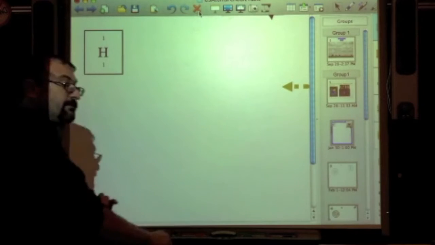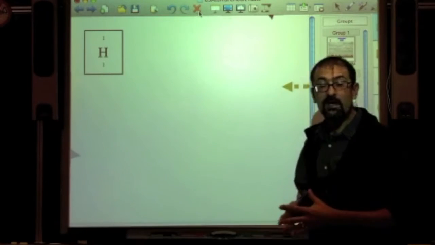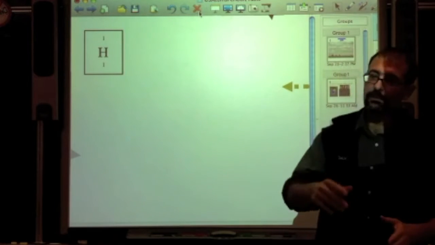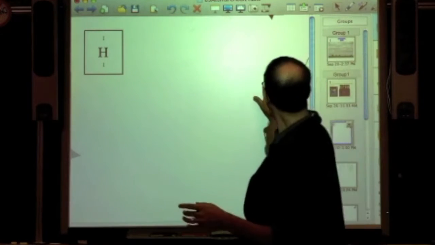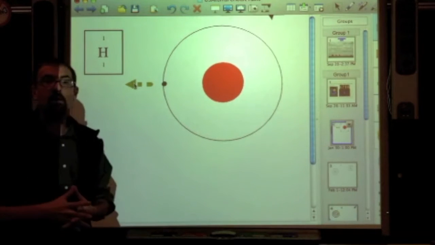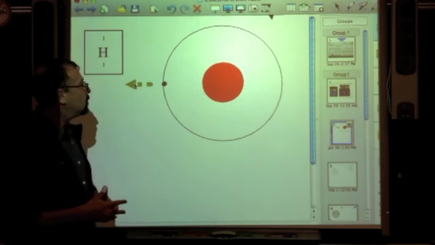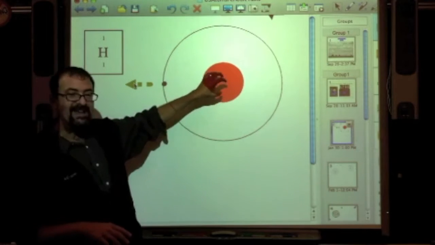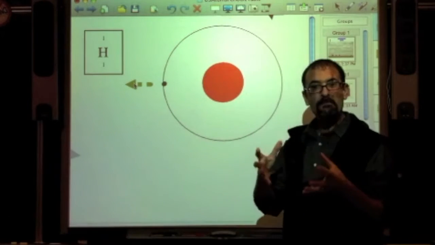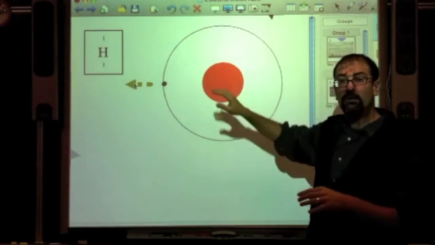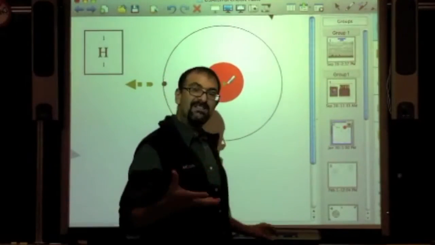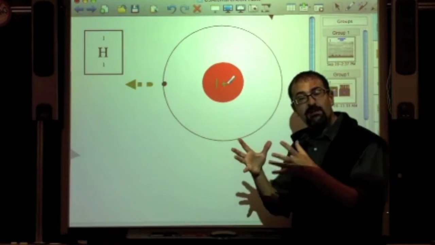Okay, so we've now found that the atomic number of hydrogen is 1, which means that there's 1 proton, which also means there's 1 electron. And if I were to pull out a simple Bohr model of the atom, what you can see here is the red dot in the middle, which represents the core of the atom. This is the mass of the atom, and this is where you can find the protons. Well, we need to balance that out, and the balance is the electrons.